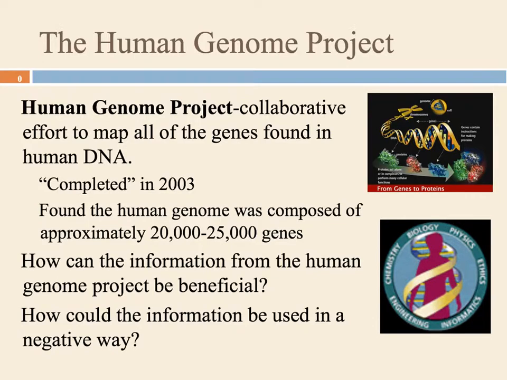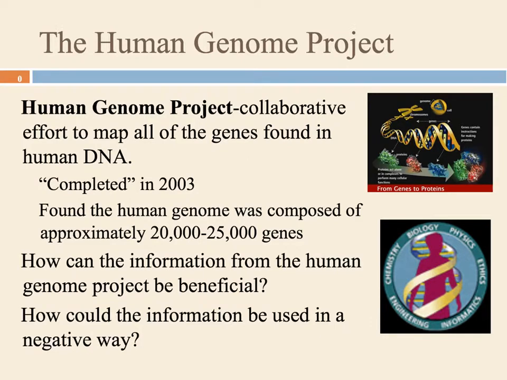So, the Human Genome Project: a collaborative effort by scientists to map out the genes that are present in humans. There's still work being done on that because more and more genetic disorders are being discovered, and they're trying to figure out where those genes are located so that they can help individuals.